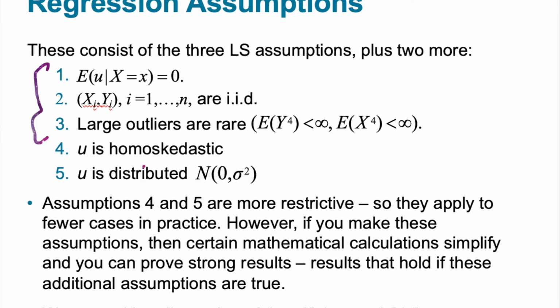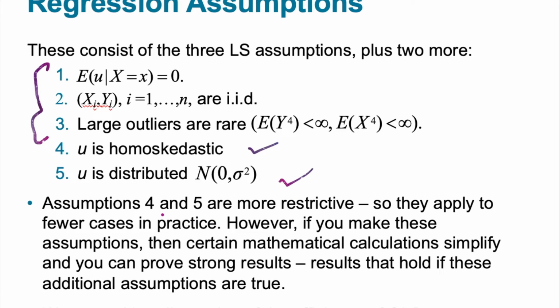Now we're going to add 2 more assumptions. 4, we're going to assume that the OLS residual u is homoscedastic. 5, we're going to assume that u has a normal distribution with a mean of 0 and a variance sigma squared.